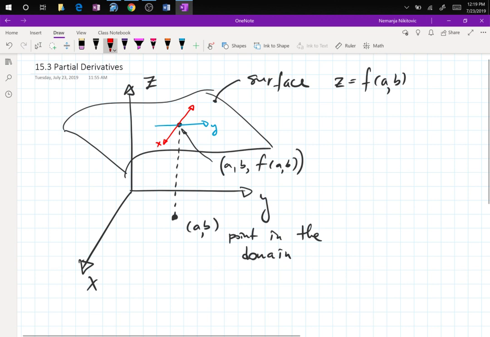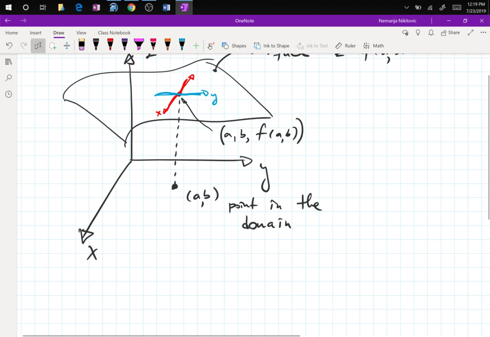So now these will cut and be some kind of wavy curves, whatever the cuts are on the surface. And this is where we are taking the derivative.